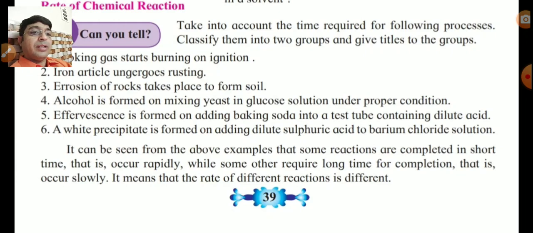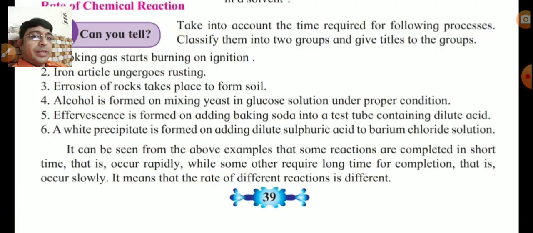That is the second point. What is the second one? Some other reactions require a long time for completion, that is, occur slowly. It means that the rate of different reactions is different.